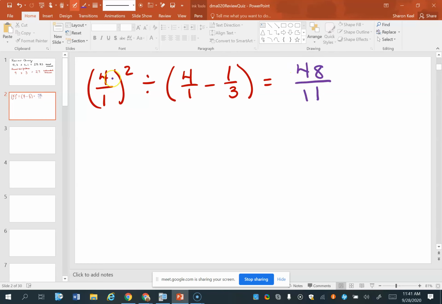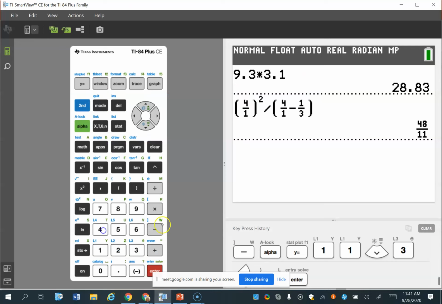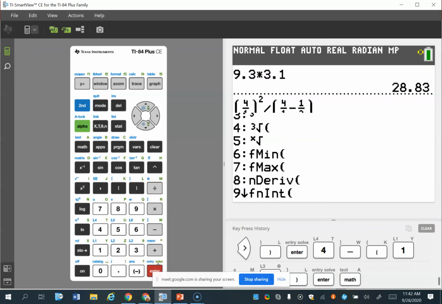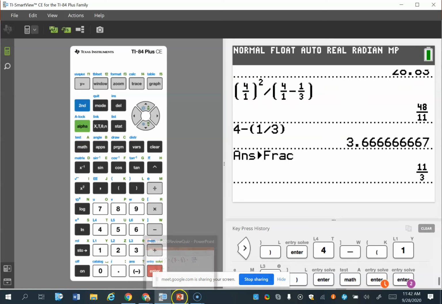If you're doing this longhand, the 4 squared would be 16, and 16 would be divided by 4 minus 1/3. Convert by doing math, enter, convert that back to a fraction. And we get 11/3.